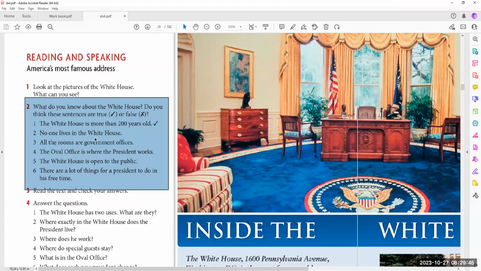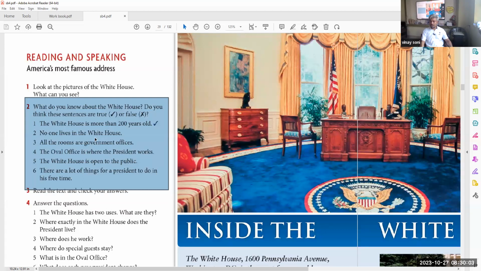Yes, somebody lives there. Who lives there in your opinion? President and the officers. Okay. Other people, what's your opinion? Khushi, Simran, Mausam. So sir, number 3.